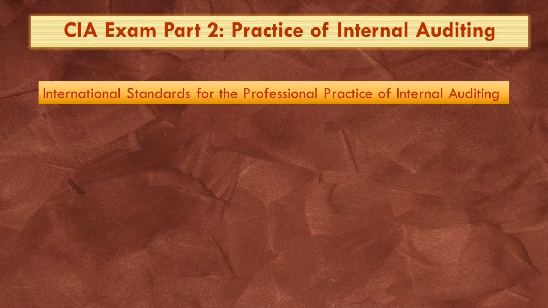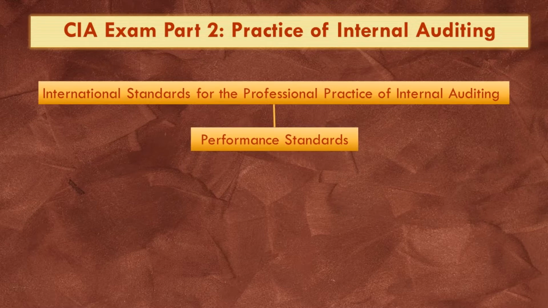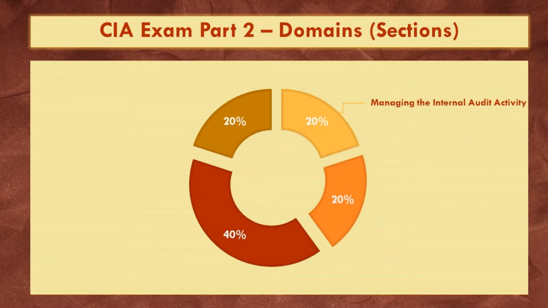Part 2 of the CIA exam tests your knowledge, skills, and abilities related to the international standards for the professional practice of internal auditing, particularly the performance standards. As you can see, Domain 1, managing the internal audit activity, and Domain 2, planning the engagement, each account for 20% of the exam, for a total 40% of the exam.